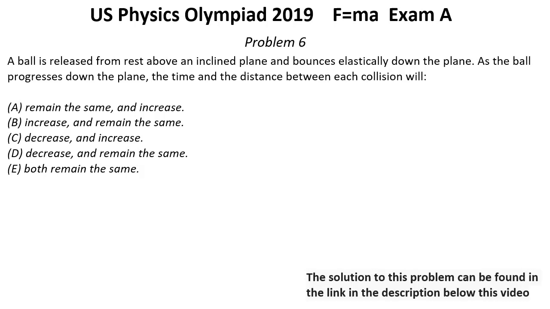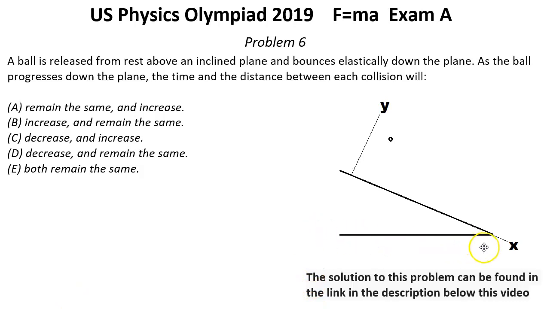Let's work in a reference frame with the x-axis along the plane and the y-axis perpendicular to the plane. On the picture it looks like this. Then in the y direction the ball simply bounces regularly up and down because we have a constant acceleration in this direction. So the collisions are uniformly spaced in time.